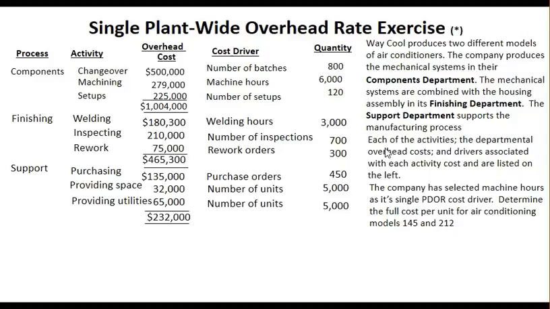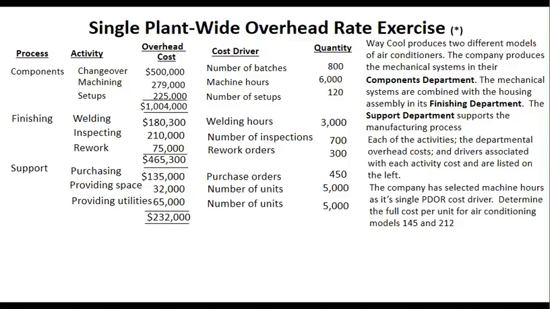Each of the activities, the departmental overhead costs and the drivers associated with each activity cost are listed on the left. And we can see again each of our processes or departments have different types of activities, and we are accumulating the overhead costs for each of these types of activities.